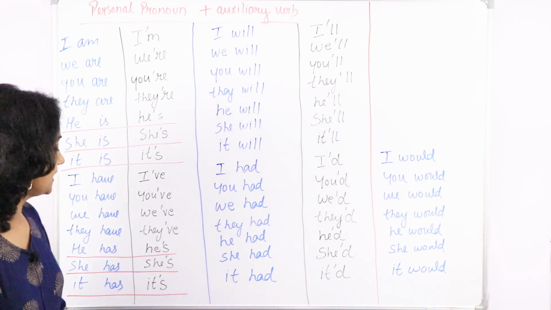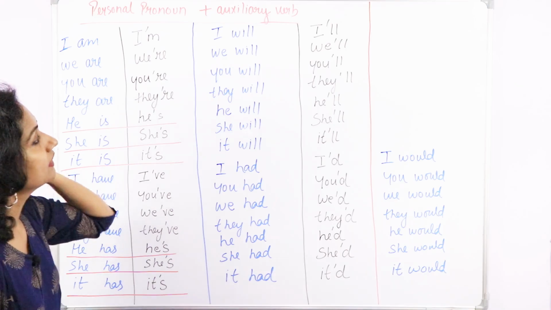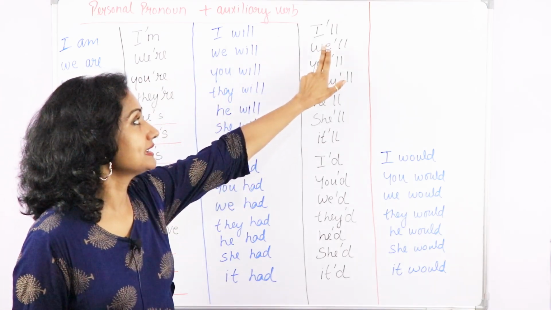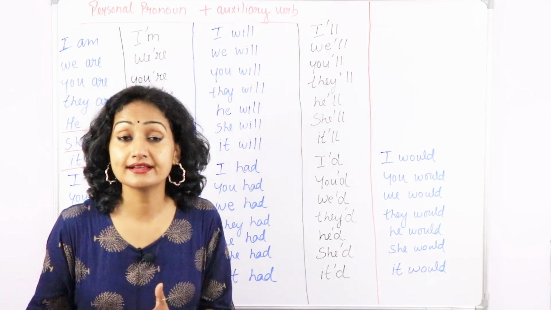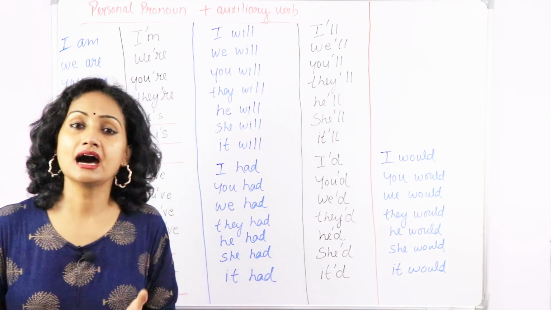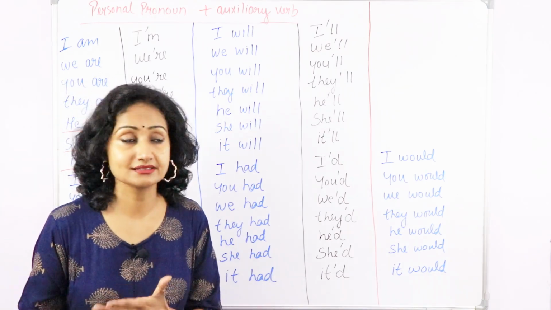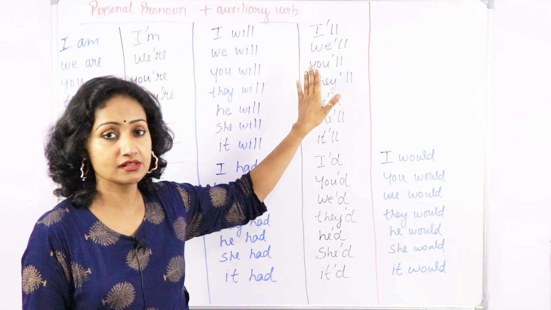Now next is I will, we will. So I will becomes I apostrophe double L, I'll. I will do it, don't worry, I'll do it. Next is we will, so we will becomes we'll.